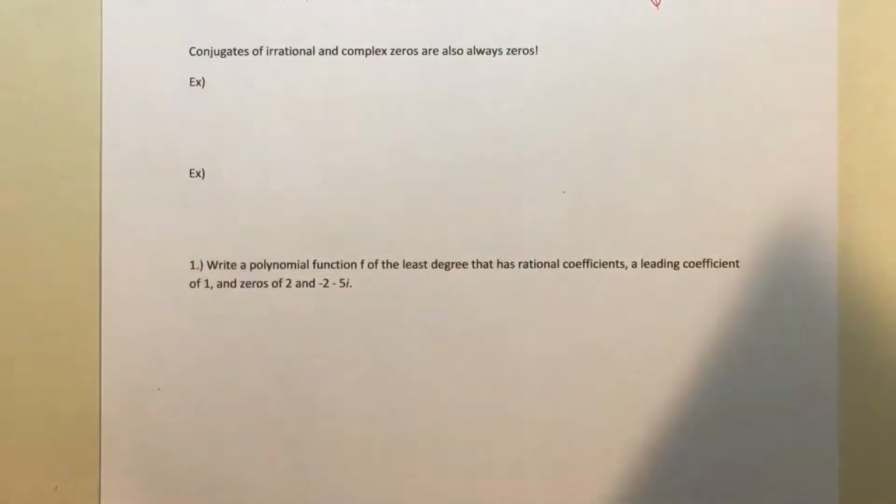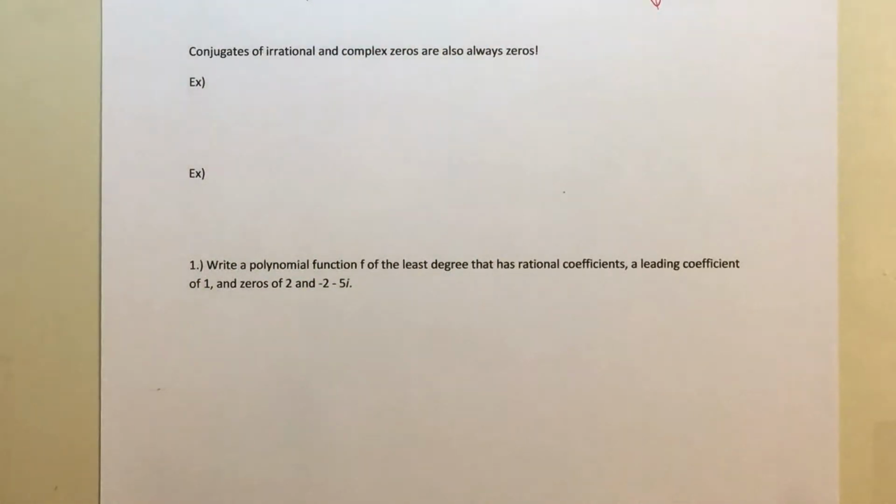So back to our notes. It says conjugates of irrational and complex numbers that contain i are also always zeros.